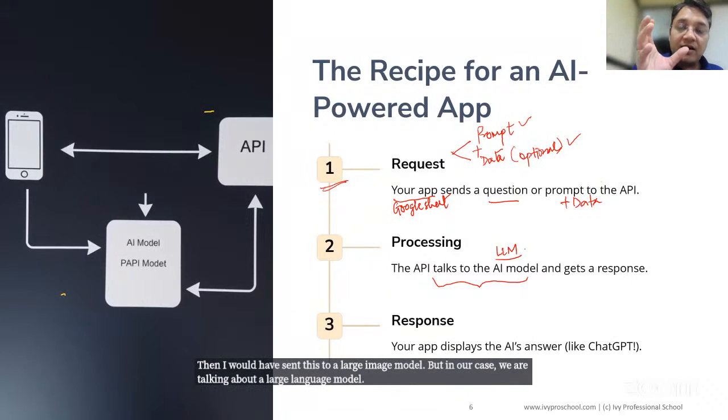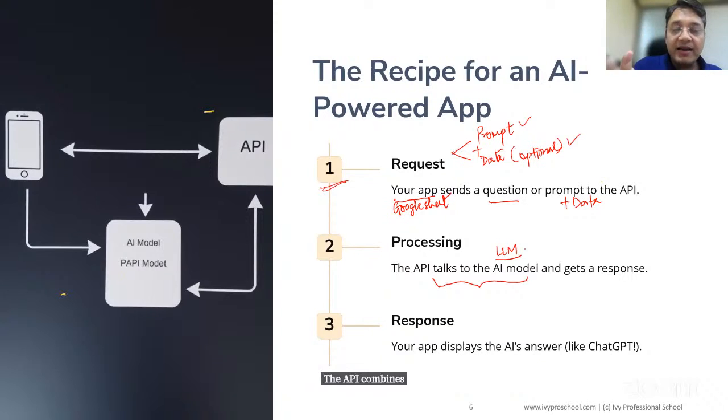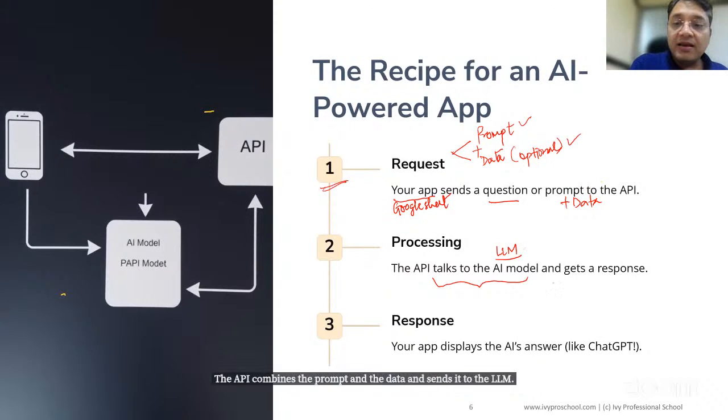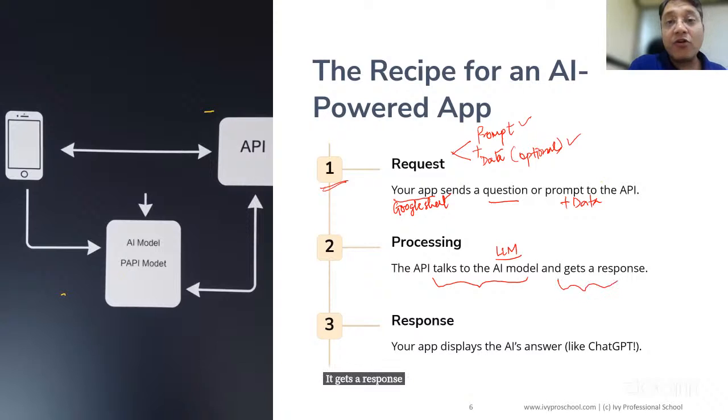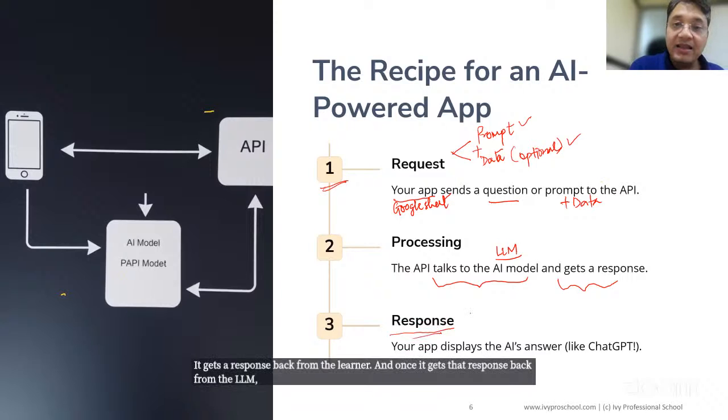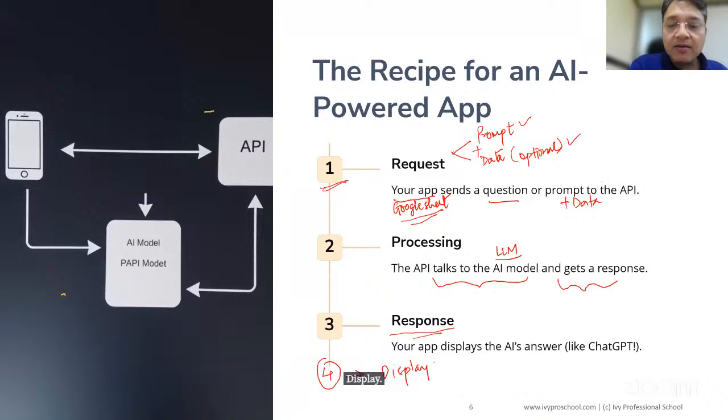When the API combines the prompt and the data and sends it to the LLM, it gets a response back from the LLM. Once it gets the response back, the API sends it back to the application which requested it. Then that application will display the information. So if I have to add one more step here, I would say display the response to the user, specifically in our case.